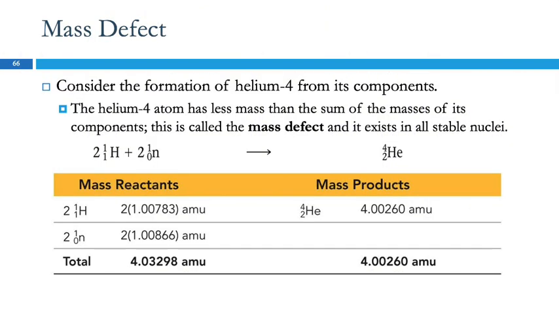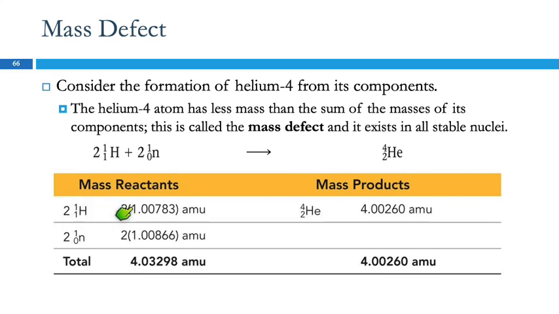So let's think about putting together helium-4, the nucleus, from its components. So a helium-4 atom has 2 protons and 2 neutrons. A hydrogen nucleus is a proton, right?